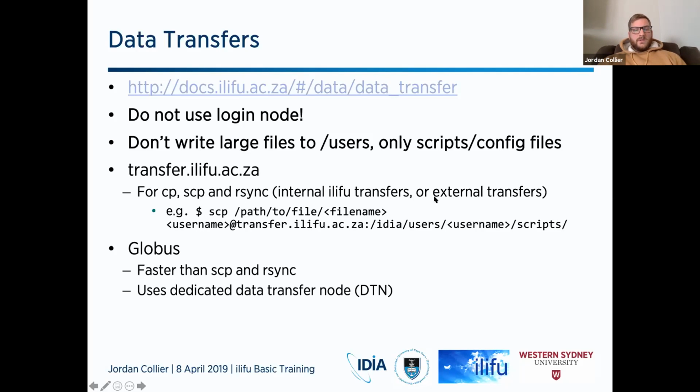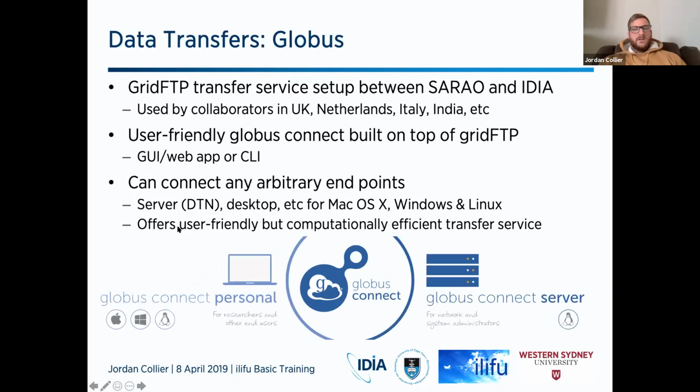But for more frequent and larger transfers, you should use Globus, which is faster than these, and it uses a dedicated data transfer node. I don't need to go into a lot of detail here, but essentially it's quite user-friendly. It has a web app, or if you do want to automate it, it's got a command line interface. You can connect any arbitrary endpoint, so you could connect your own desktop or laptop.